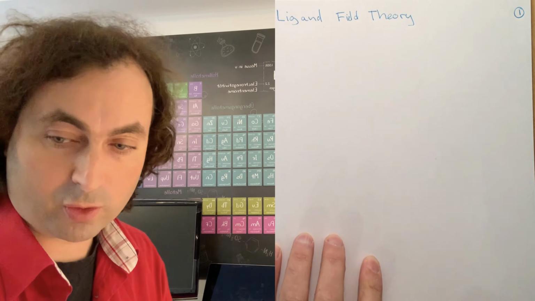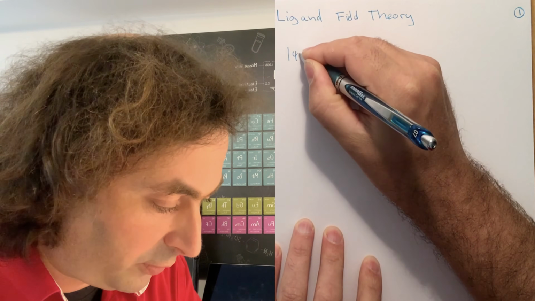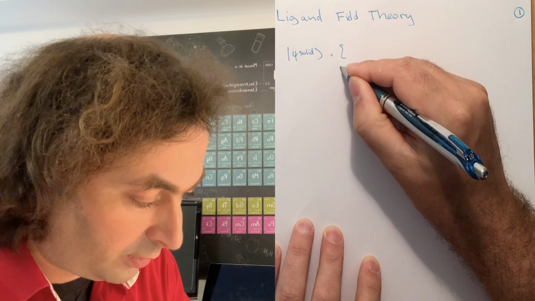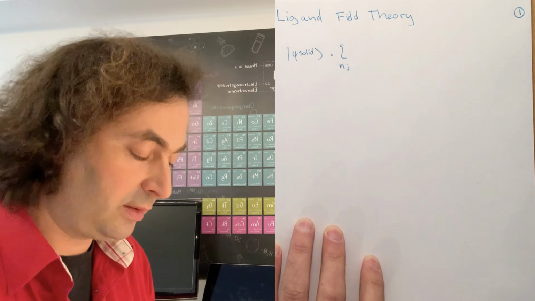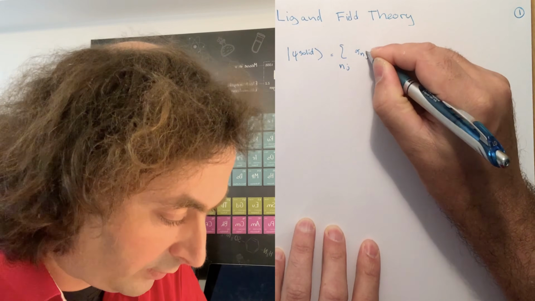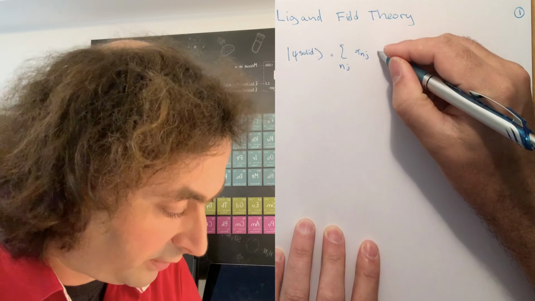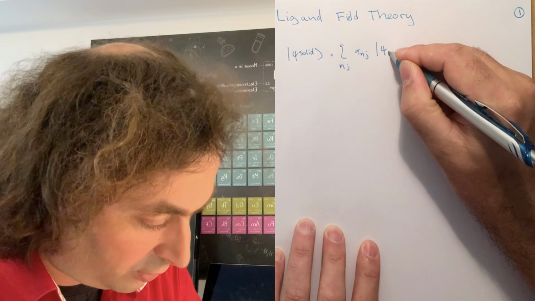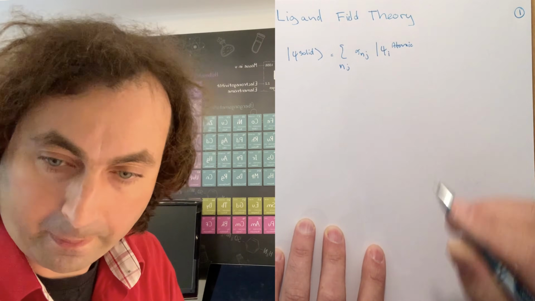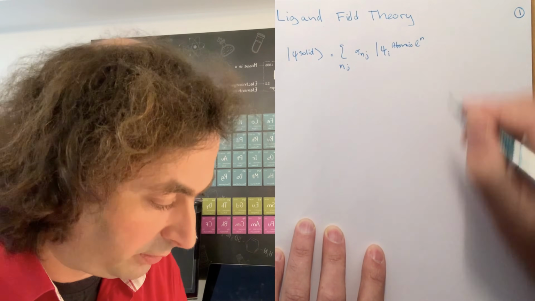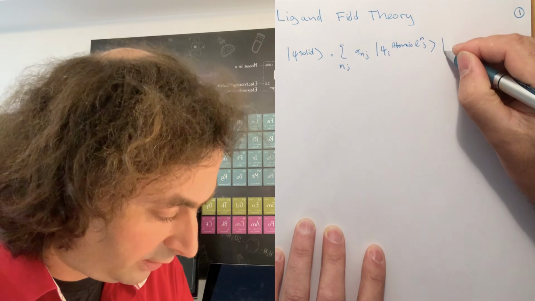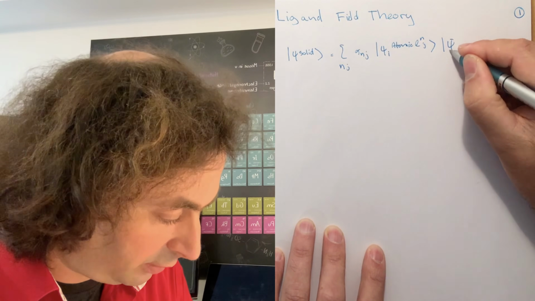What we have discussed before is that we can write the wave function of the full solid as a sum over the different configurations and the states within that configuration, and then a prefactor where we look at the wave function of a single site, site I, where we have the atomic states of the configuration with angular momentum L and N electrons, and state I in that configuration, and then multiplied by a bath wave function.